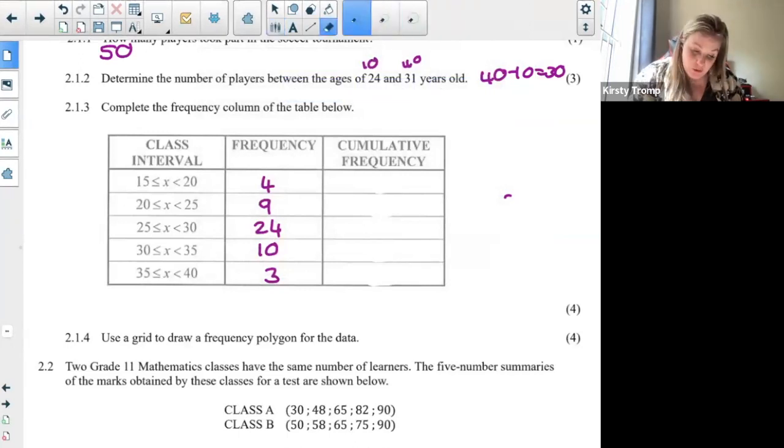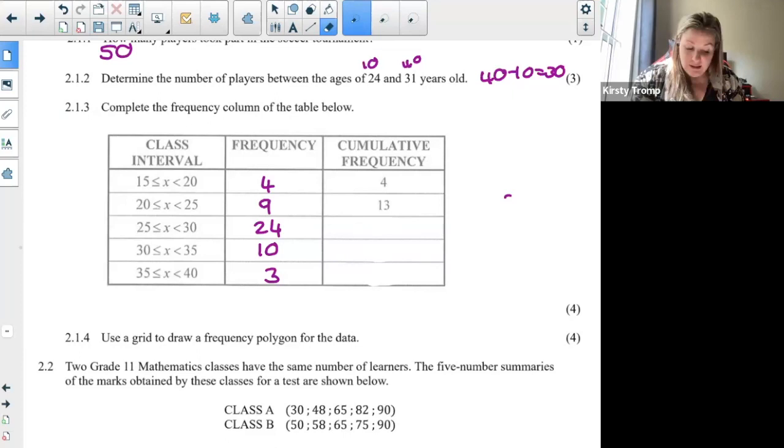Well, then what you would do is you would say, okay, the frequency is 4. How do you get cumulative frequency? Well, it's only 4 at the moment. So cumulatively, I've only added up to 4. All right. Then I've got 9. So my cumulative frequency previously was 4. 4 plus 9 gives me 13.